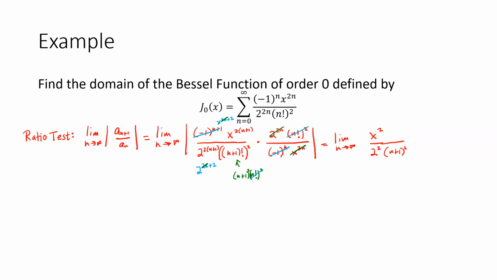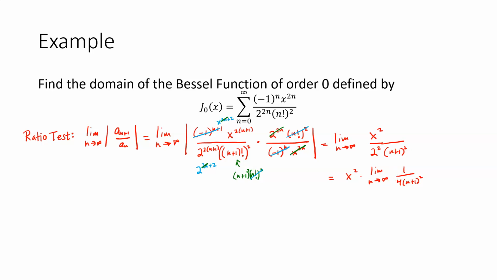Okay, so this simplifies quite a bit, and now this limit here as n goes to infinity will simply focus on this denominator part. Remember that x squared here is really constant with respect to this limit, so I can even pull that aside and just look at what happens to the limit as n approaches infinity of 1 over 2 squared, which is 4, times (n plus 1) squared.